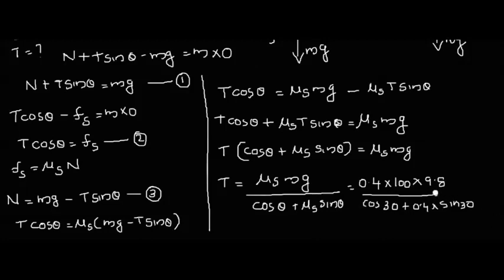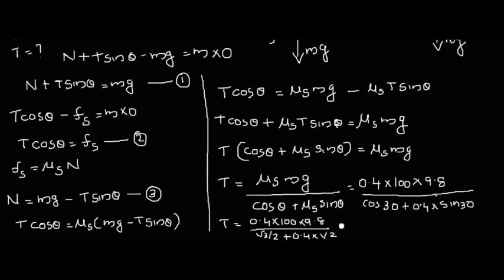The value of cos 30 is root 3 by 2 and the value of sin 30 is half. When we substitute those values, we get 0.4 into 100 into 9.8 divided by root 3 by 2 plus 0.4 into half.